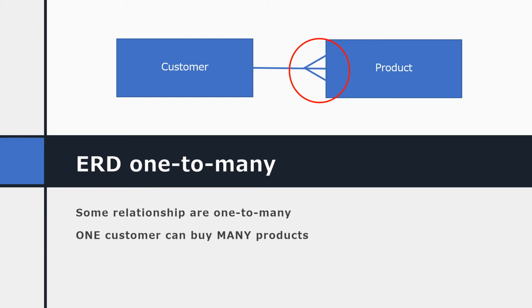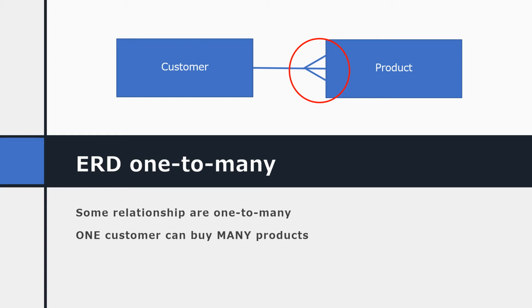So in this organisation, as in most, one customer can buy many different products. Over the years, they might keep coming back and buy many different products. So we draw that by drawing 3 lines at the end. Obviously, it's not going to be exactly 3 products necessarily, but that's just the convention of how we draw it.